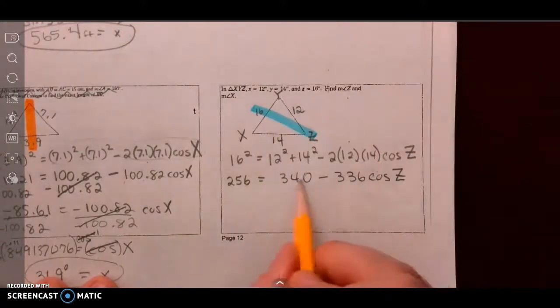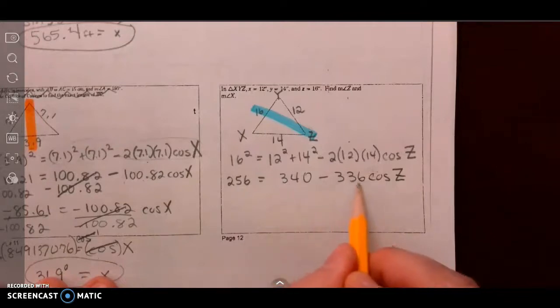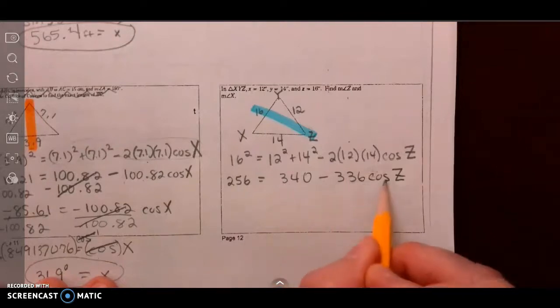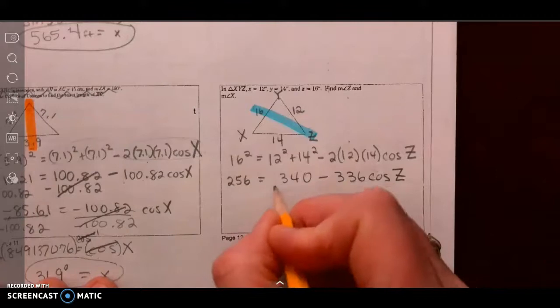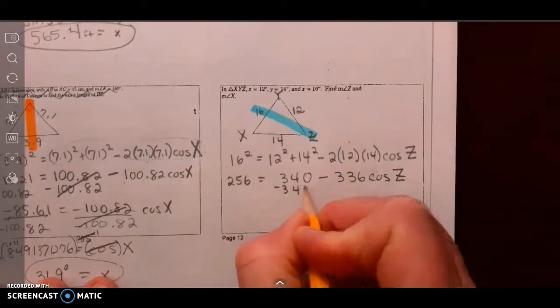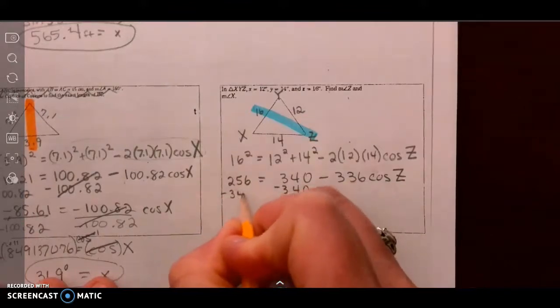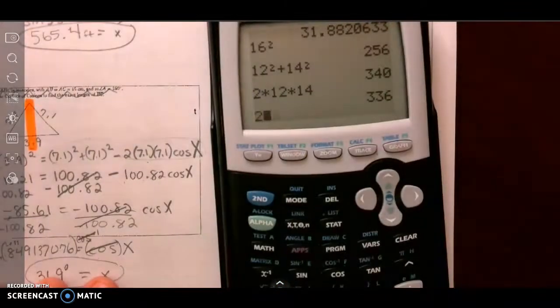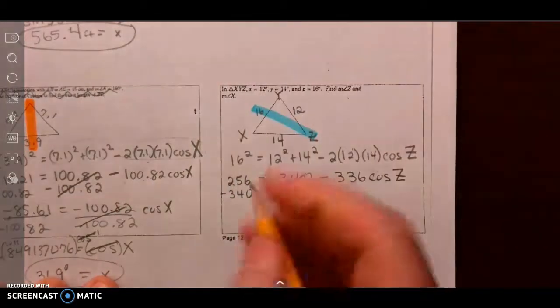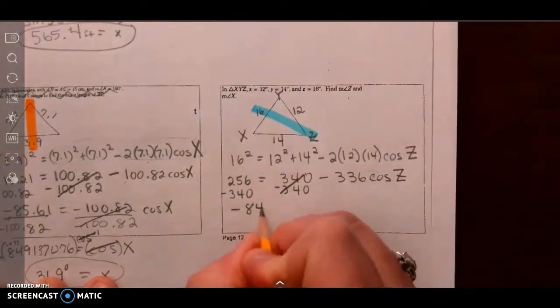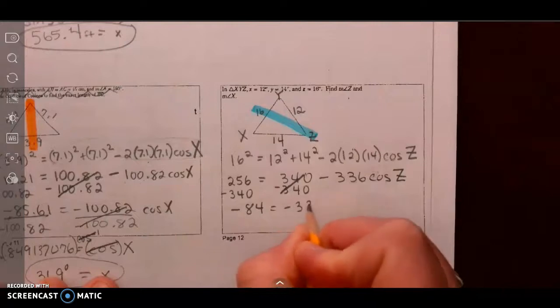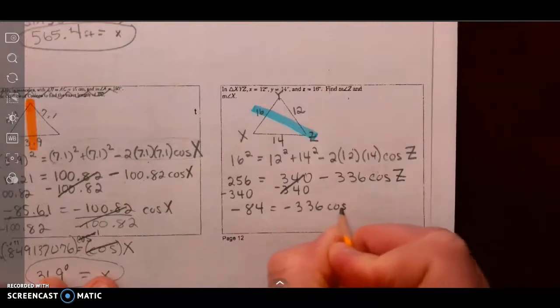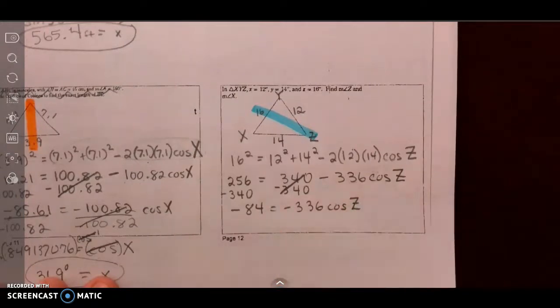Again, can't subtract those because this is being multiplied, and multiplication comes before subtraction. So I'm going to subtract 340 from both sides. And so 256 minus 340, I get negative 84 equals negative 336 cosine of z.